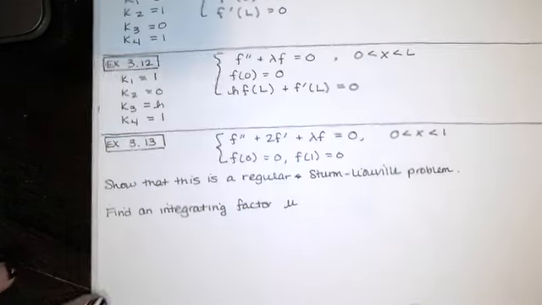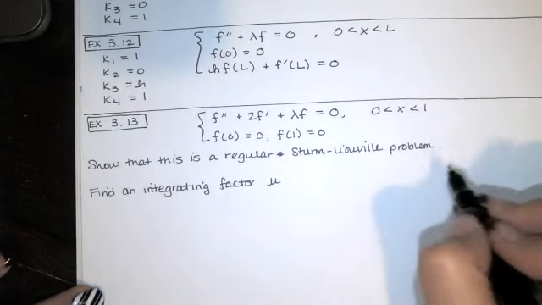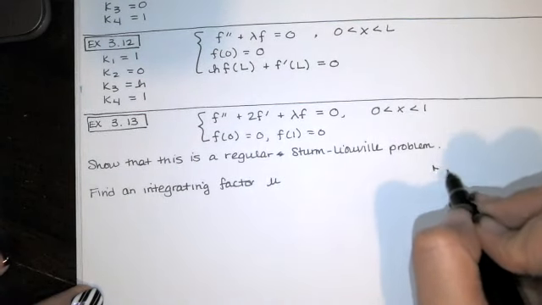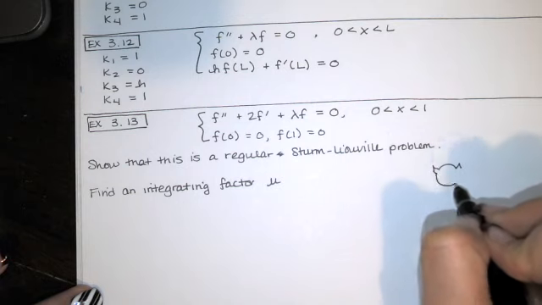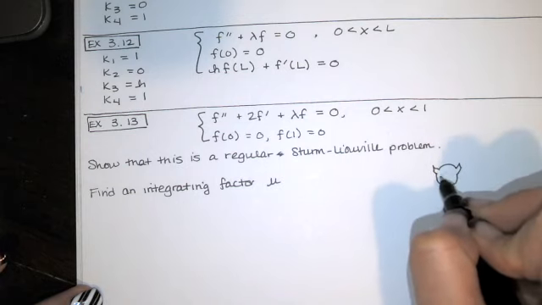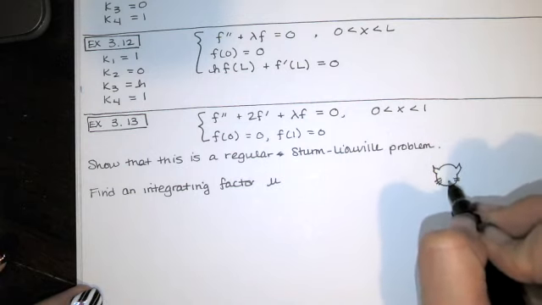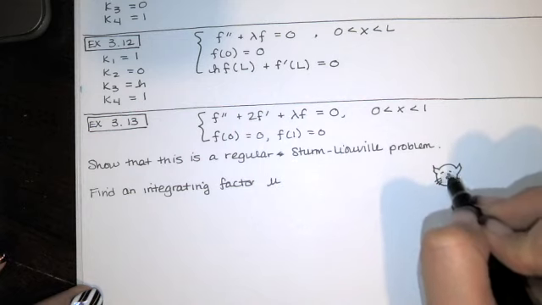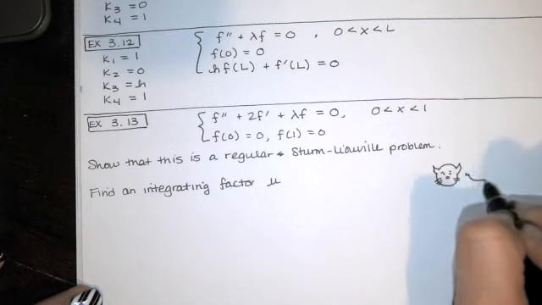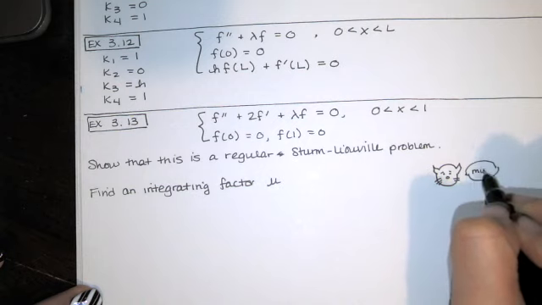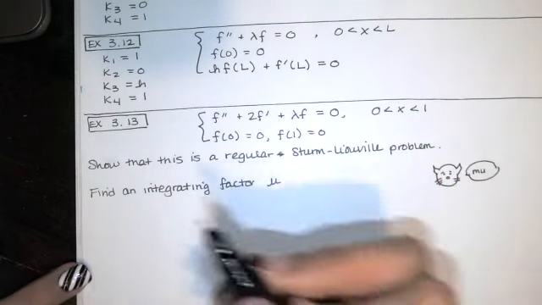And typically we use the mu. Looks like a U, but it's like a cat. It's a Greek letter mu.